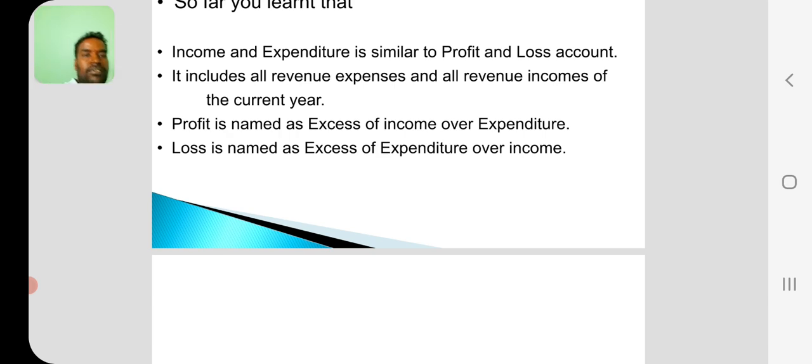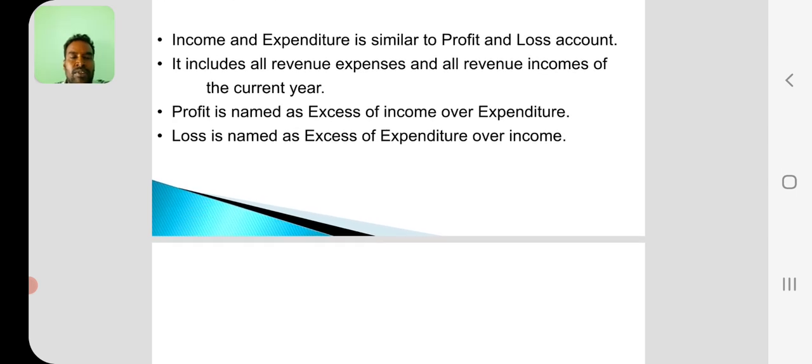Profit is the word used in profit and loss account, whereas excess of income over expenditure is called surplus. It is equal to profit, but we do not use the word profit in non-trading organizations.